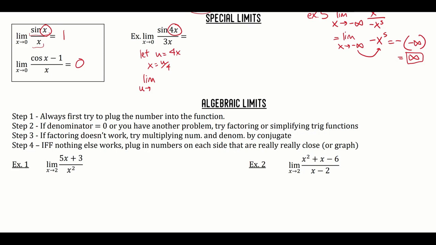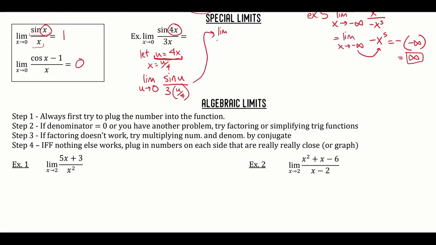Now, if x is approaching 0, and we have this expression here, plug in x equals 0, what do you get? u equals 0. So the limit as u approaches 0 also works, because if x is equal to 0, u is also equal to 0. And then that would be sine of u over 3, and instead of x, x is equal to u over 4. And then I'm just going to do a little bit of algebra here.